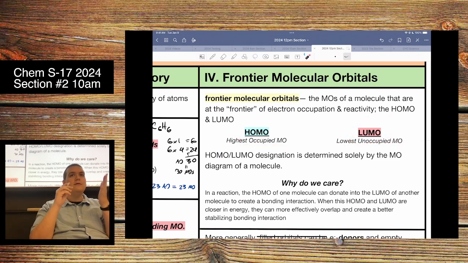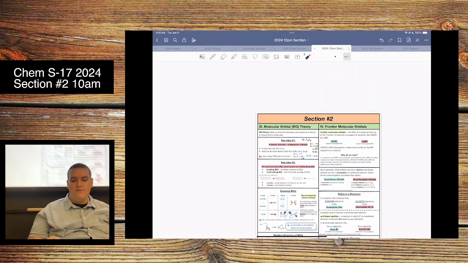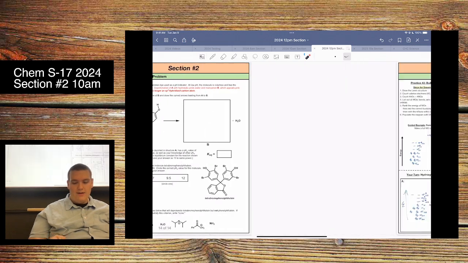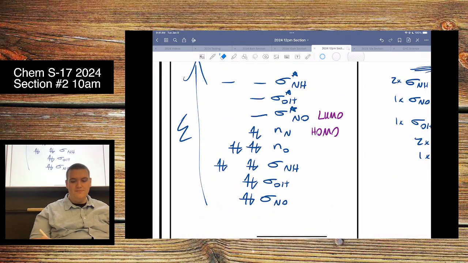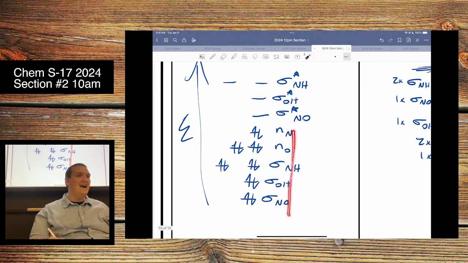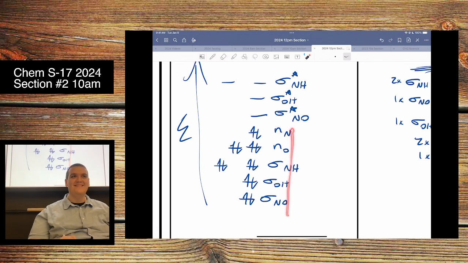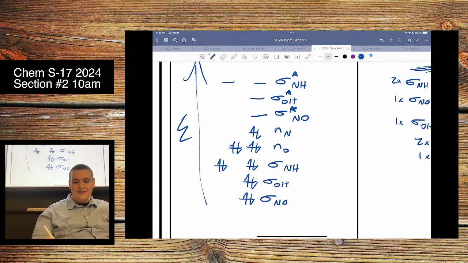HOMO and LUMO are labels that we give to designate something on an actual MO diagram. For example, on this diagram that I just presented to you, what is the highest occupied molecular orbital? The lone pair on the nitrogen. Good. So the HOMO would be this.